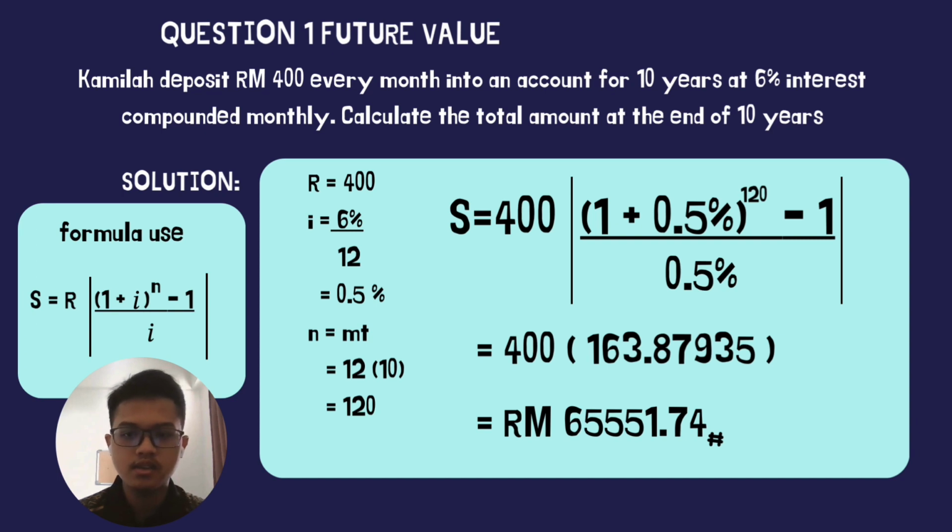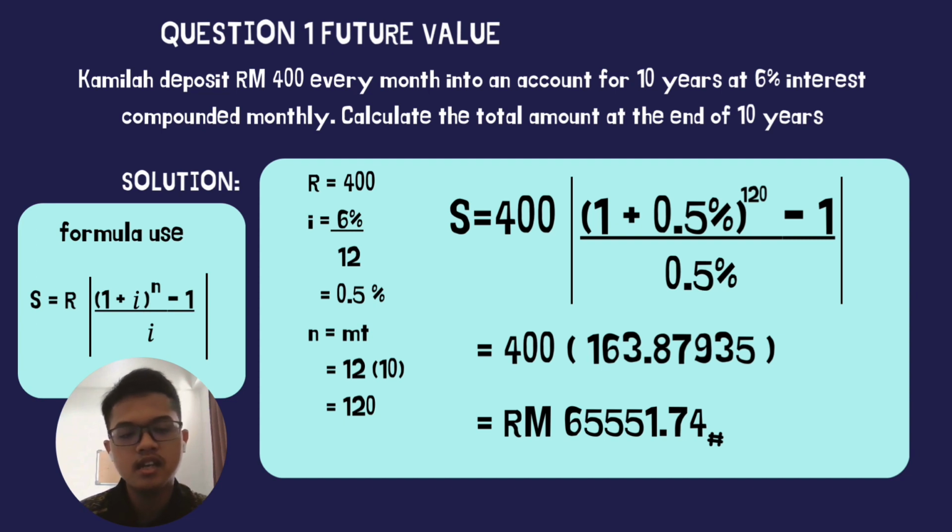In this question, we need to use the formula S equals R multiplied by (1 plus I) to the power n minus 1, divided by I. We first need to find the values of R, I, and N, which are R equals 400, I equals 6% divided by 12, which gives 0.5%, and N equals mt, where m is 12 multiplied by t is 10, and we get 120.